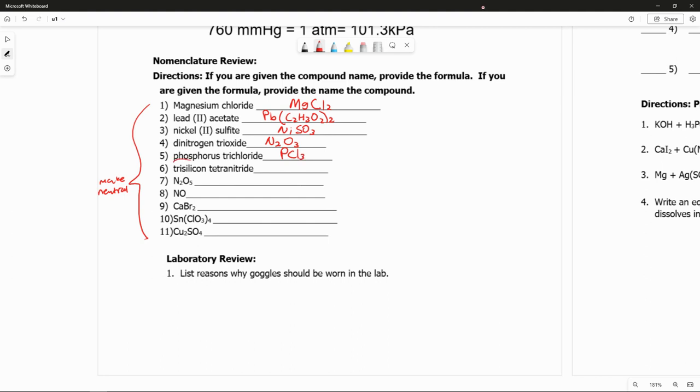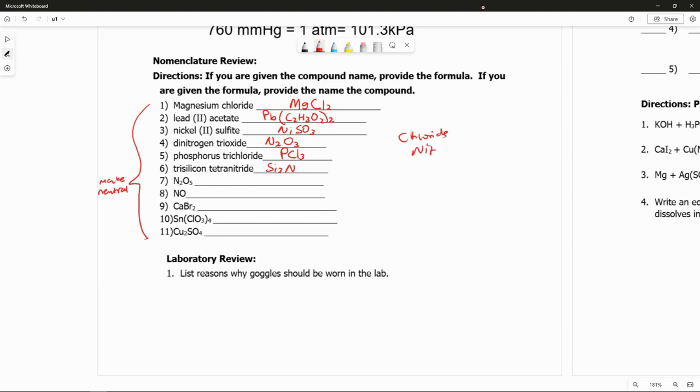All right, number 6. Trisilicon tetranitride. We're going to start off by looking at the silicon. Silicon is Si, and we have three of those, so we have Si3. Tetranitride, the nitride is going to be basically nitrogen because we have "ide" on it, same with chloride.